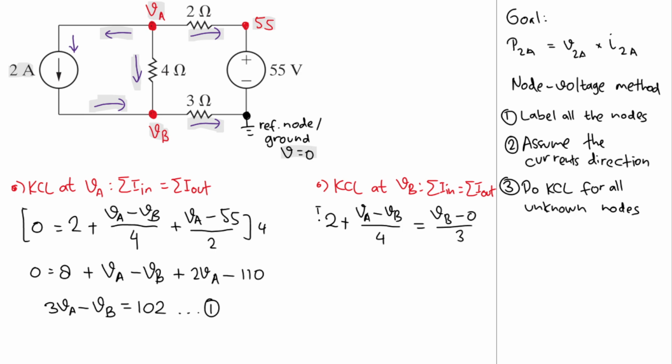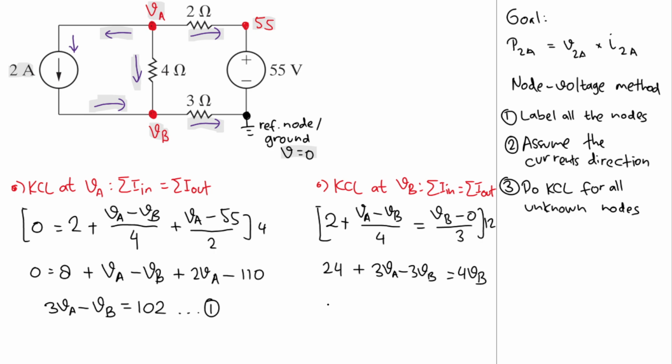We can multiply this by 12. So we'll have 24, and then plus 4 and 12 will cancel into 3. So we'll have 3 VA minus 3 VB, and that will equal 3 and 12 will cancel into 4, so I'll have 4 VB.